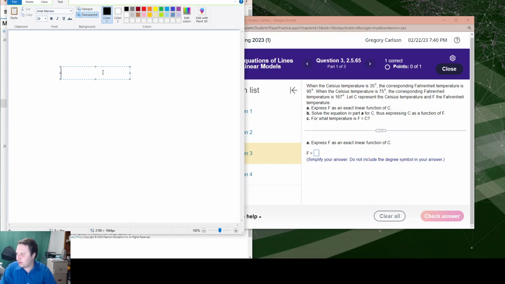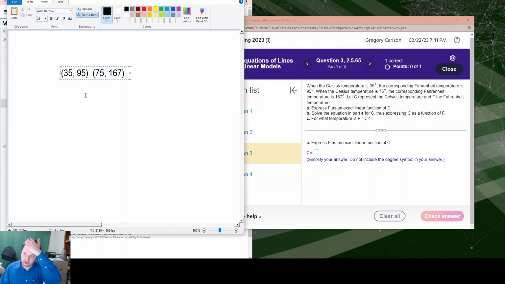And because they want the equation as F equals, I would do the Fahrenheit as the y value. So the Celsius temperature is 35 when Fahrenheit is 95. So that would be your first point. When the Celsius temperature is 75, the Fahrenheit y value is 167.